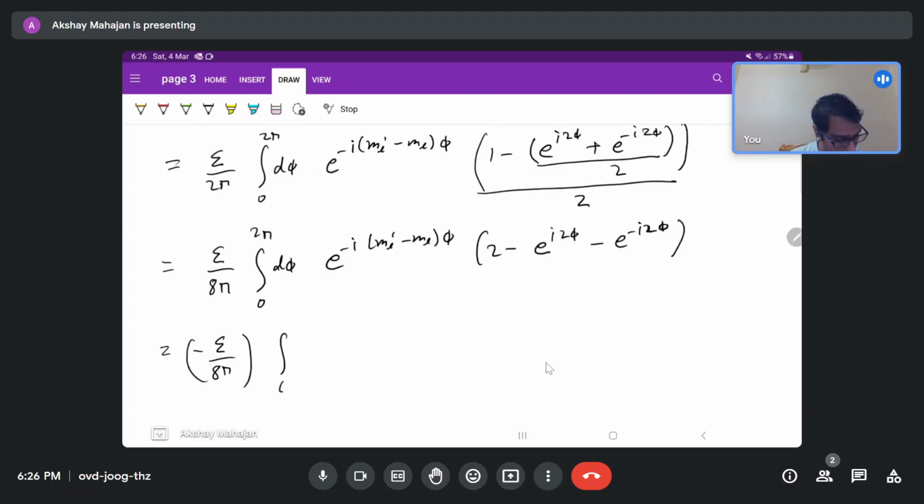Let me just take a minus sign here because it will make it easy for us. We will have e^{−i(ml' − ml)φ}, and this could be written as e^{i2φ} + e^{−i2φ} − 2.